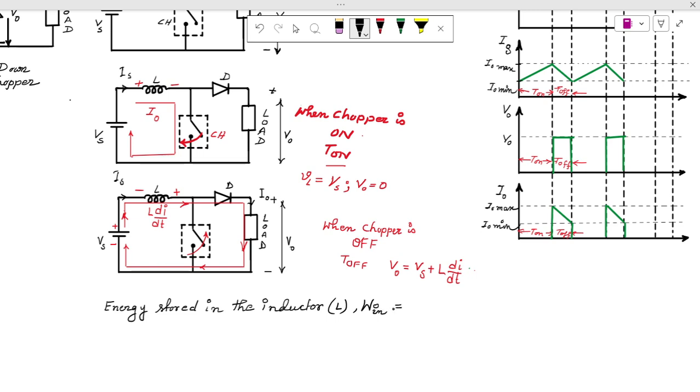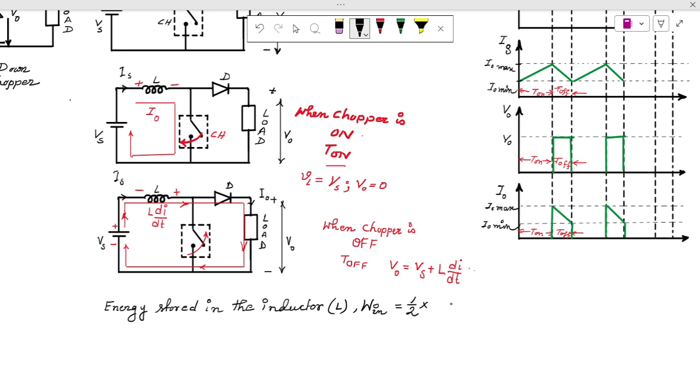That will be how much? Half into L into the total current.